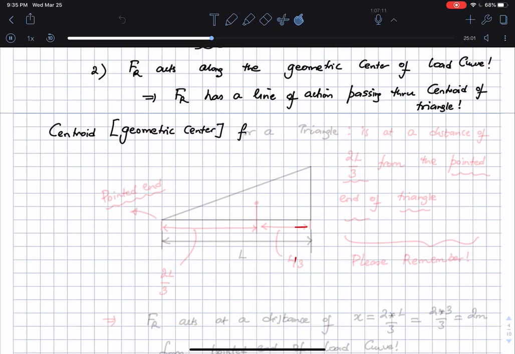The centroid for a triangle is given by the following value.